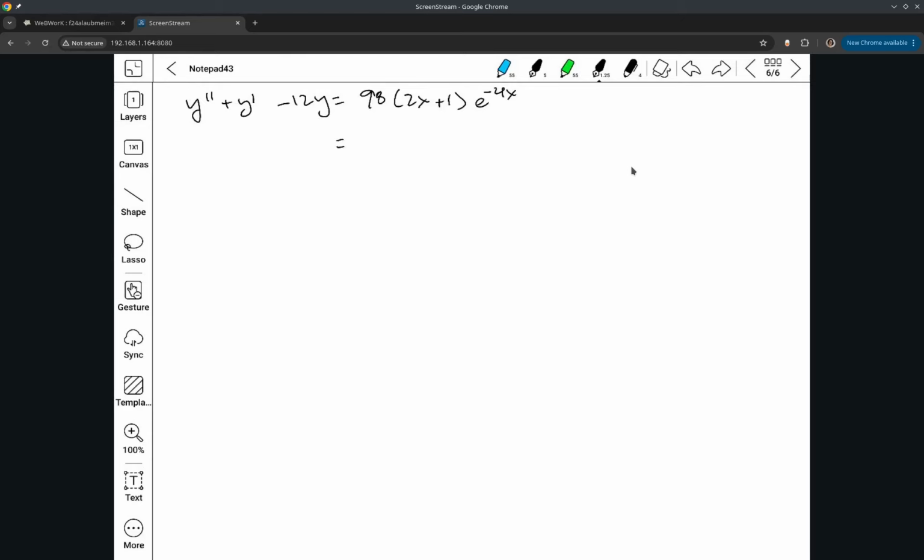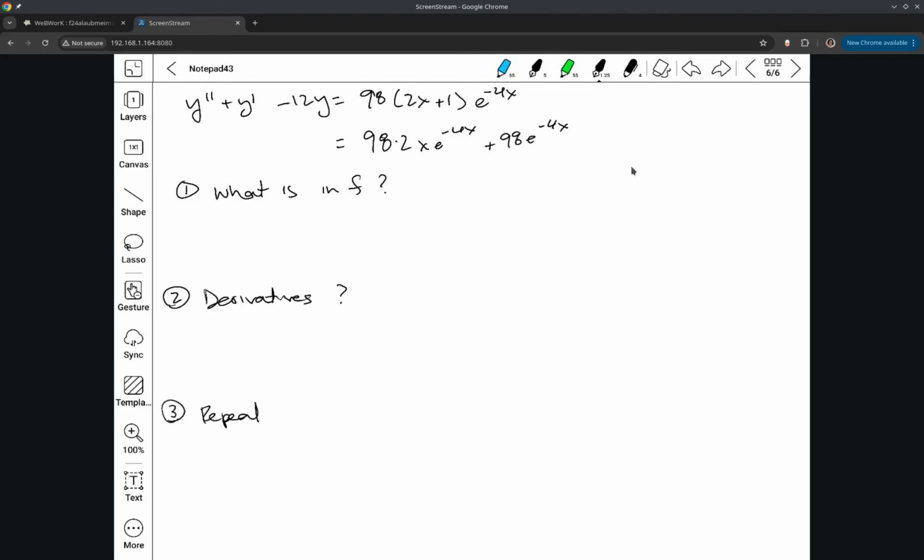If you wanted to kind of see it multiplied through, it's 98 times 2x e to minus 4x plus 98 e to minus 4x. And I'm going to ask myself those same three questions. What's in f? What are the derivatives? And do I have to deal with repeats?